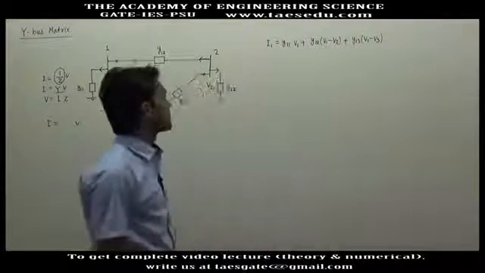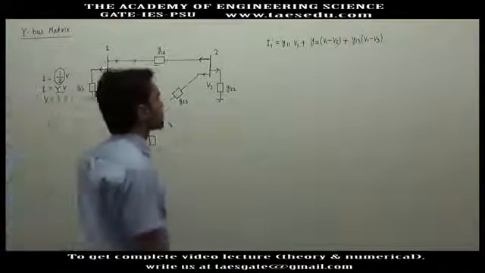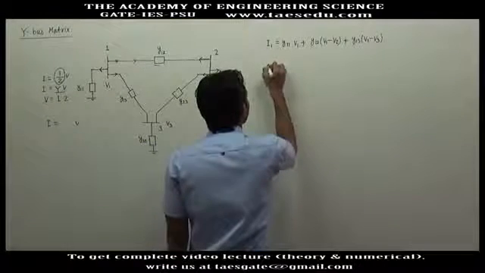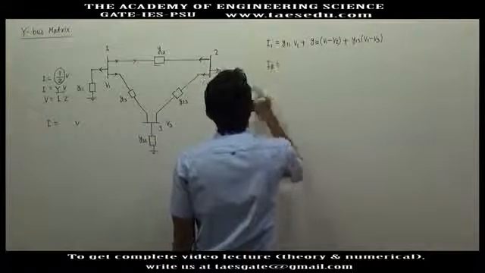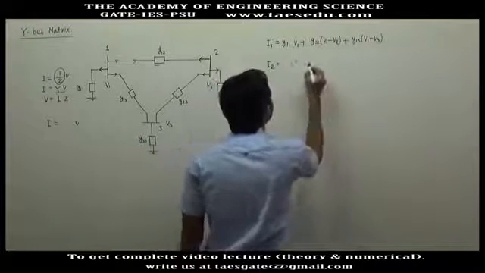So in the expression of I1 we have V1, V2 and V3. Similarly, what will be I2? Y22 into V2 minus 0.